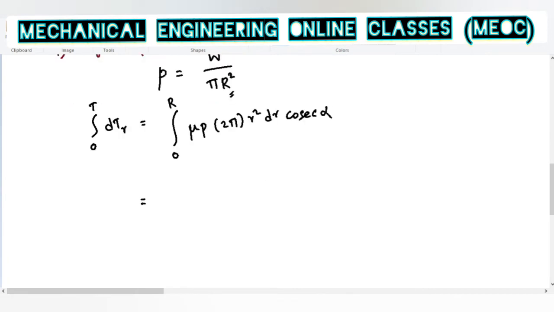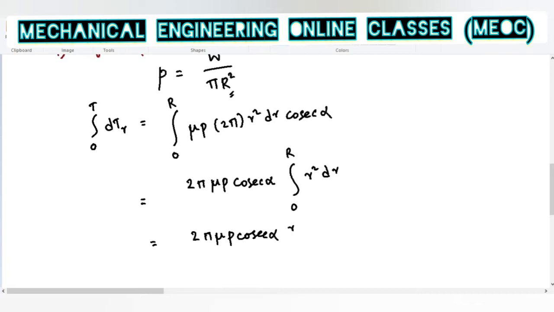Which is equal to 2 pi mu p, these are all constants, and cosecant alpha is also a constant, integral r square dr varying from 0 to capital R. So this will be 2 pi mu p cosecant alpha, r cube by 3 from 0 to R. That is 2 pi mu p cosecant alpha into R cube by 3.